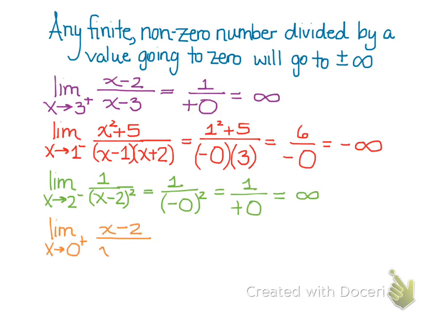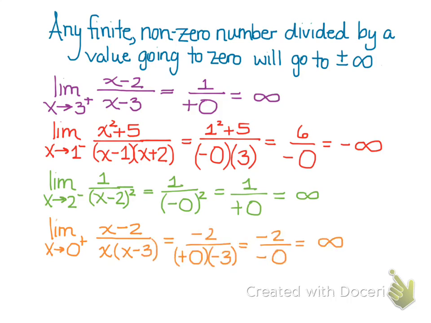And finally, if I have the limit as x goes to 0 from above of x minus 2 over x times x minus 3, I have negative 2 over a tiny positive number times negative 3. So that's the same as negative 2 times a negative tiny positive number. So the whole thing goes to positive infinity because the negative signs cancel out.